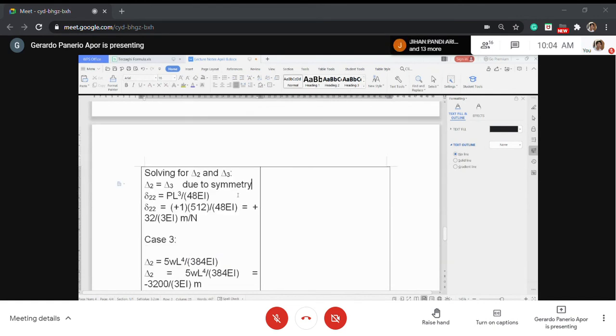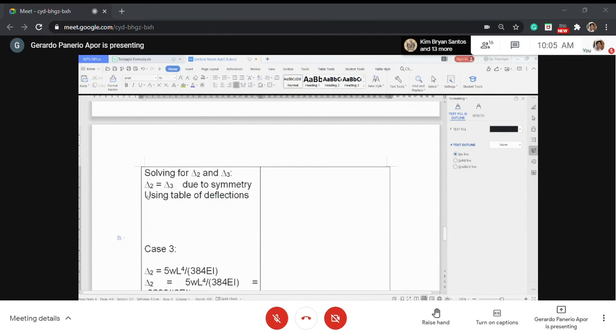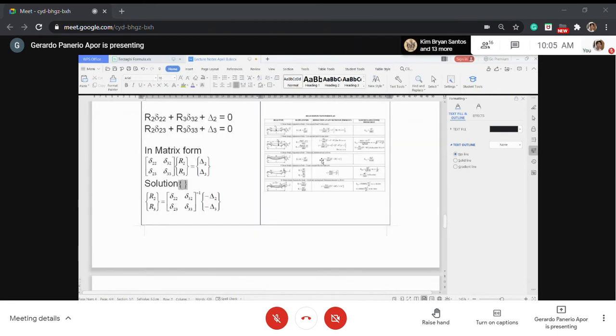Now we will have a case number using the table of deflections here. So I have my equation.